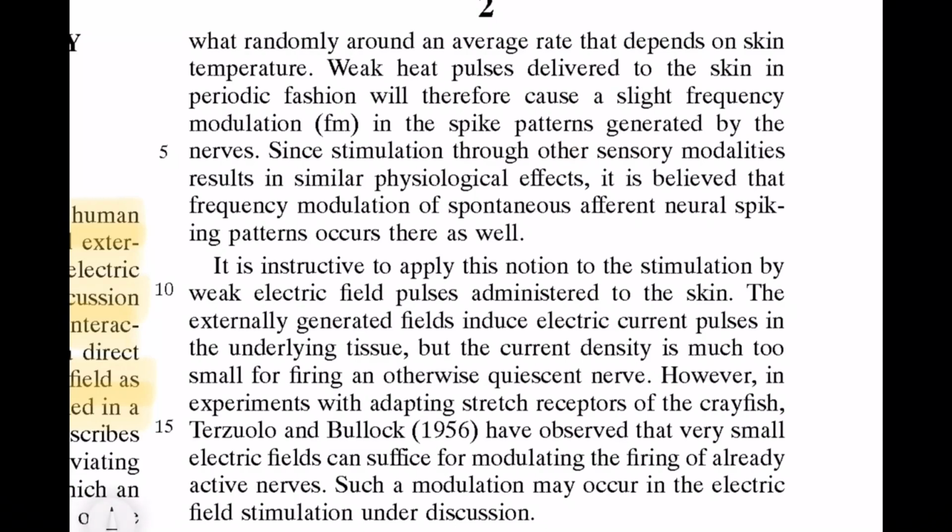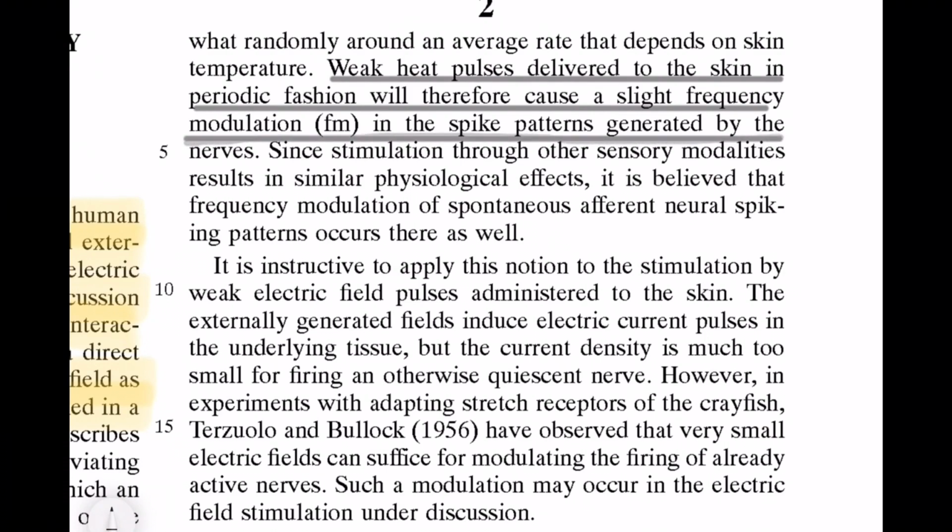Now, I'm going to talk a little bit more about that, but it says here, weak heat pulses delivered to the skin in periodic fashion will therefore cause a slight frequency modulation in the spike patterns generated by the nerve. So every nerve generates a spike pattern, or basically a spike pattern and a resting pattern. And hopefully I'll demonstrate that a little bit later.